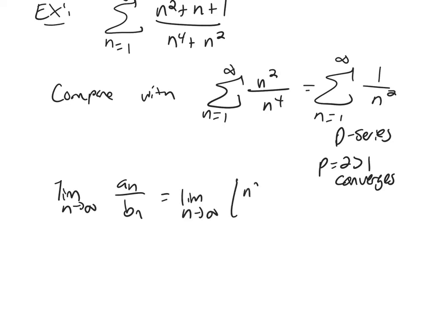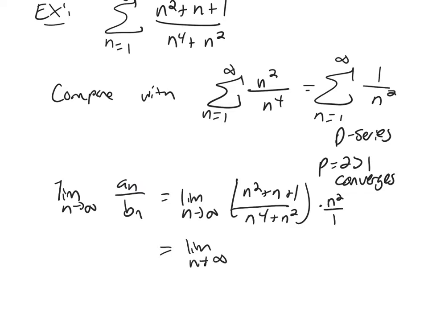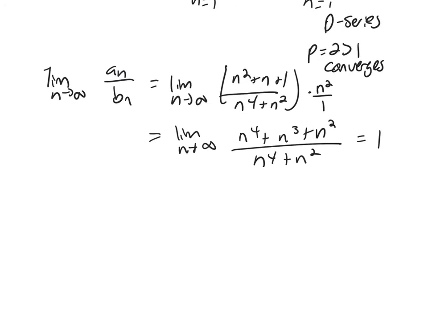So take your an and divide by 1 over n squared, or flip it up. This would be the limit of n to the fourth plus n cubed plus n squared over n to the fourth plus n squared. They have the same degree, so the limit is the ratio of the coefficients. It's 1.